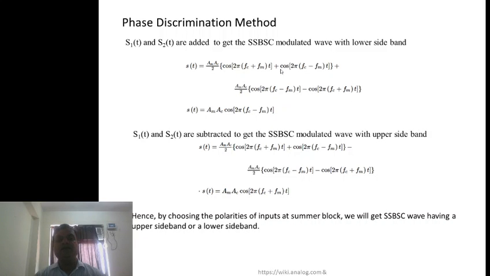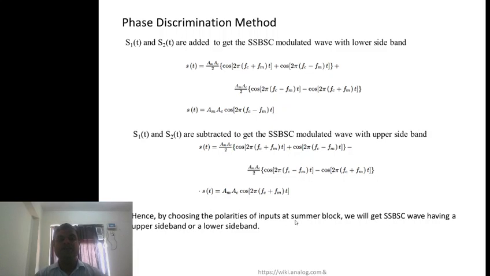It becomes Am Ac upon 2 cos this, again Am Ac upon 2 cos this, so it becomes Am Ac cos 2 pi (fc minus fm) t. So it means the upper sideband will be suppressed. If you want to generate a lower sideband, then we use a subtractor. In the case of the subtractor, the upper sideband will go out, so it basically consists of the lower sideband.